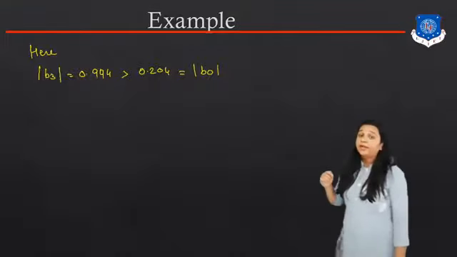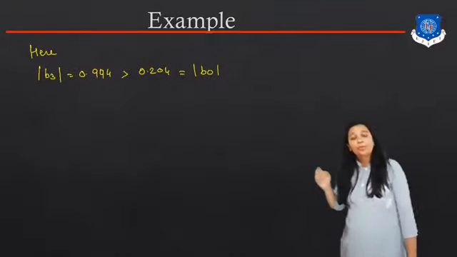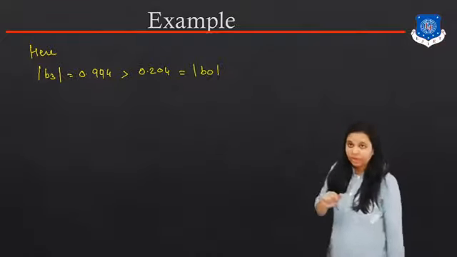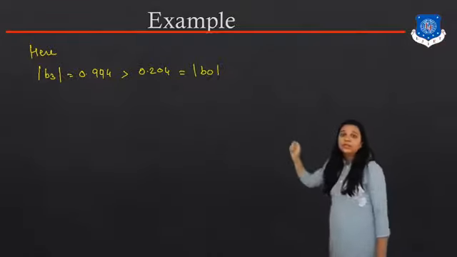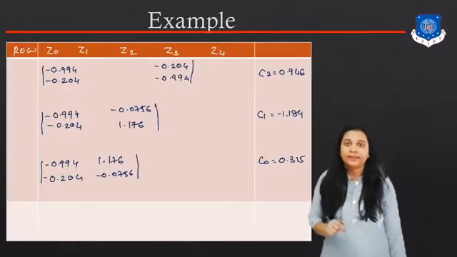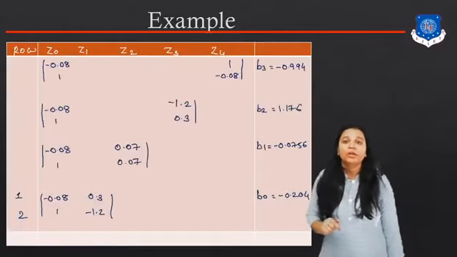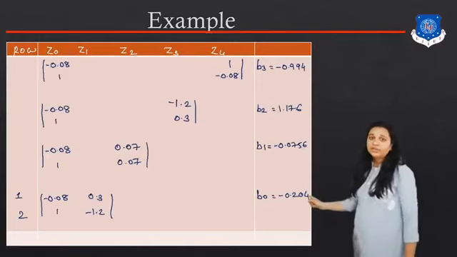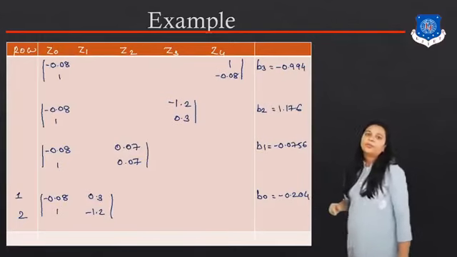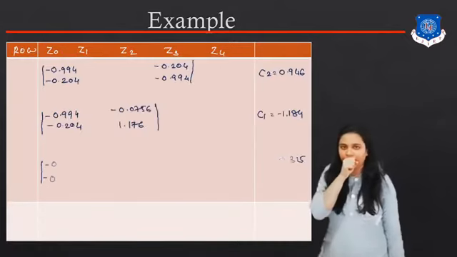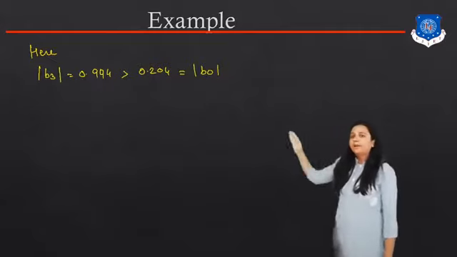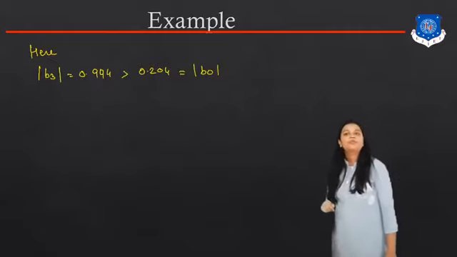So we have to check whether the modulus of B3 is greater than the modulus of B0 or not. What is the value of B3? It is -0.994. And the value of B0, taken from here, is -0.204. So |B3| = 0.994 is greater than |B0| = 0.204.